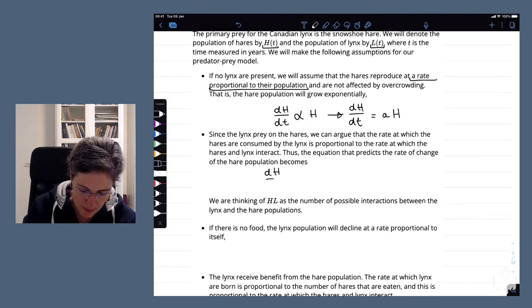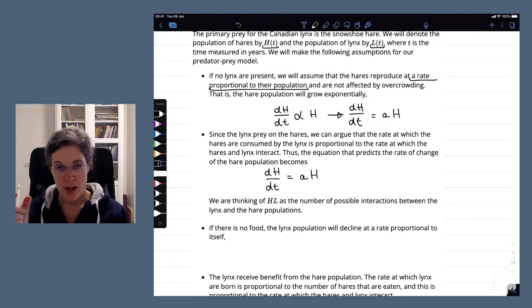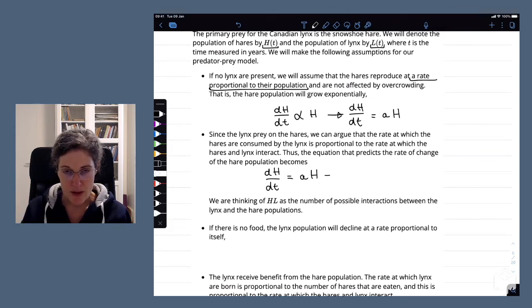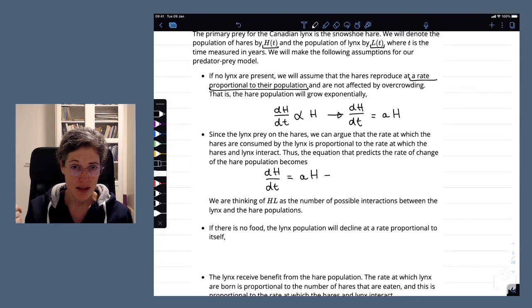We know that we've got a term which comes from the reproduction of our hares, but we're going to subtract off some hares based on the predation by the lynxes. And if we think about how we might model that, well, in order for a hare to get eaten by a lynx, they need to interact. So it's going to depend on both how many hares there are and how many lynx. If there are not very many lynxes, then there should be a small term because there won't be a lot of interactions resulting in an eaten bunny.